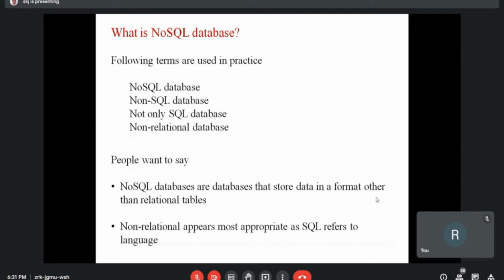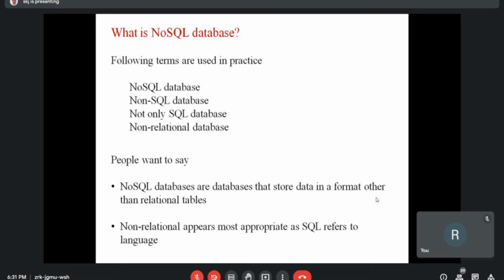Second, there were new applications that could not be easily solved using relational database technology. So people started to search for a solution that does not use SQL. Somebody started calling it NoSQL database.